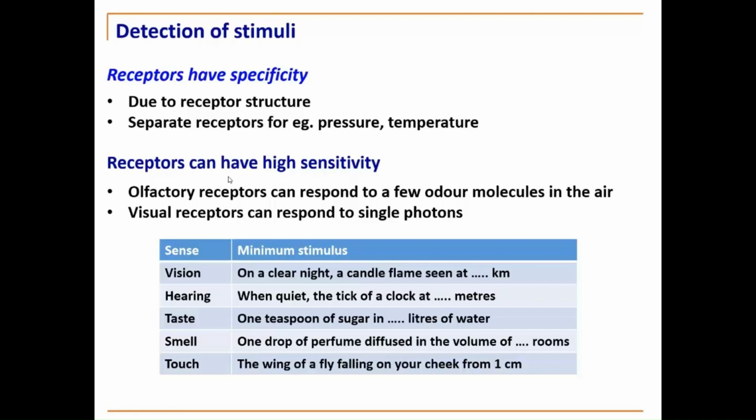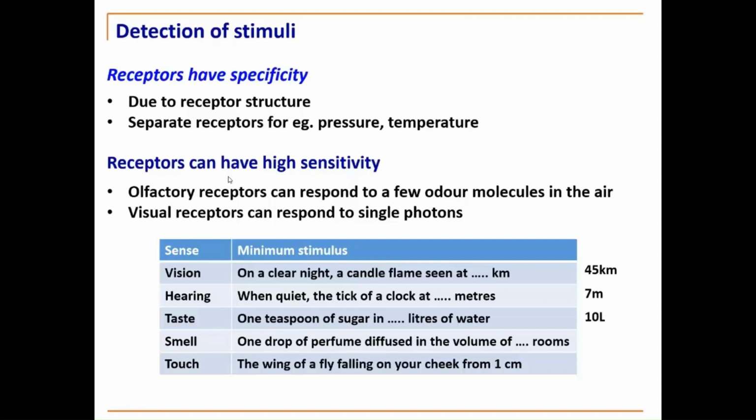So, vision, on a clear night, a candle flame can be seen at 45 kilometers, quite a long way. When quiet, the tick of a clock can be heard at 7 meters. But of course that does depend how loud the clock is, I guess. Taste, 1 teaspoon of sugar in how many liters of water? 10 liters.